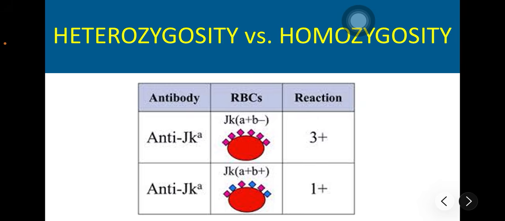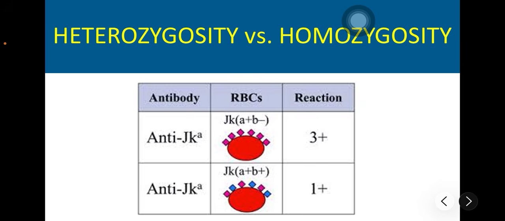So let's say, for instance, you have in your phenotype JKA positive, B negative. It means that you have the presence of JKA antigens on your red cells and you do not have the JKB antigen. If you test for the JKA antigen, you add the anti-JKA antibody.